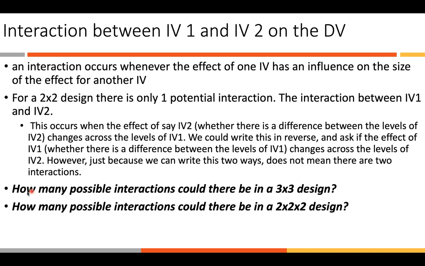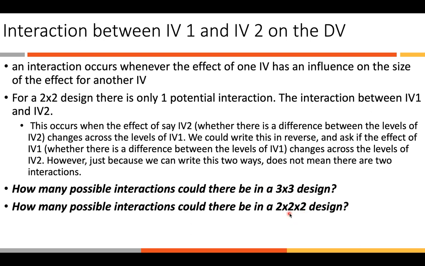So if we had a 3x3 design down here at the bottom, we would still only have one possible interaction because we have variable 1 potentially interacting with variable 2. That's it. That's all that can happen. We can have a main effect of variable 1, a main effect of variable 2, and then our single interaction between the two variables. But what if we add a third variable?